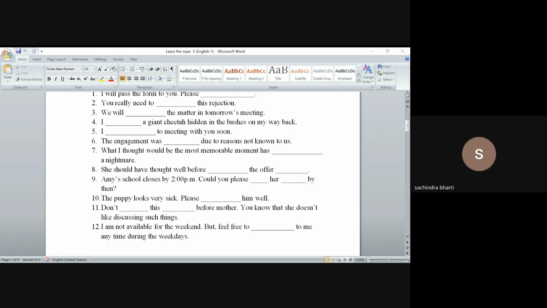Ma'am, this is with respect to the activity question, not graded. Okay, question number 4, right. It is saying the word content in the audio means. So what does it mean?